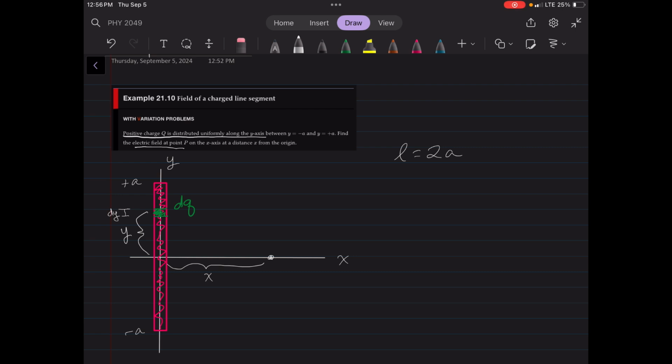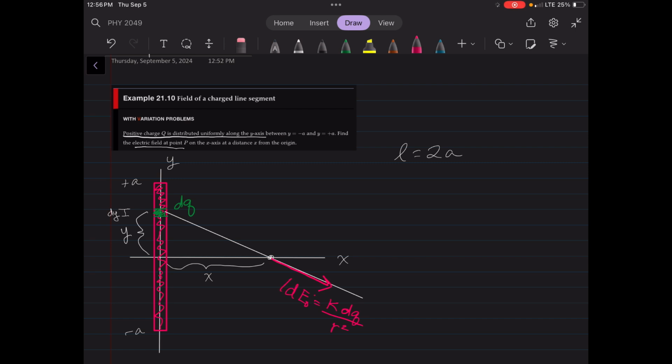So let's figure out what the electric field looks like due to that small piece of charge. It's a positive charge, so it's going to point directly away from dq at location P. The dE vector, the infinitesimal contribution to the electric field, follows that of a point charge, which is K times the magnitude of the charge divided by the distance squared.